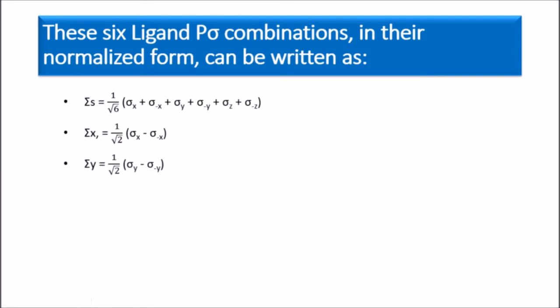Similarly, we have it for px, py, and pz, where you can see the positive interaction is towards sigma plus and negative lobes directed towards sigma minus, and you can see that in the above picture as well.